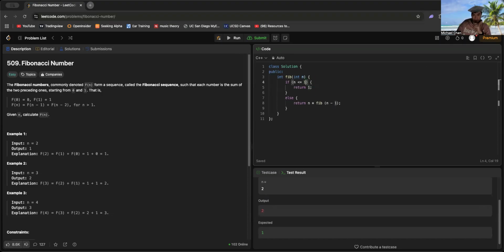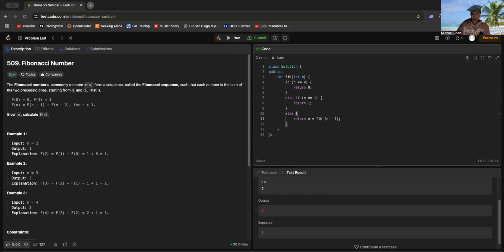Okay, so if n equals 0, return 0. And then else if n equals 1, then it should return 1.